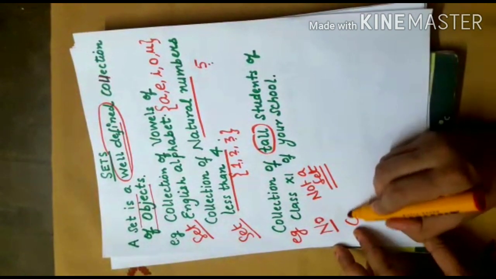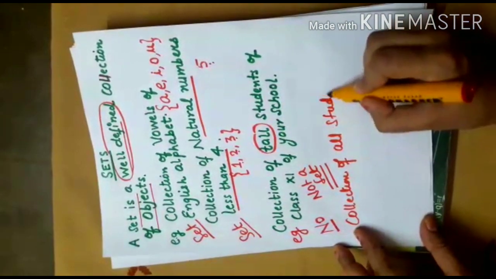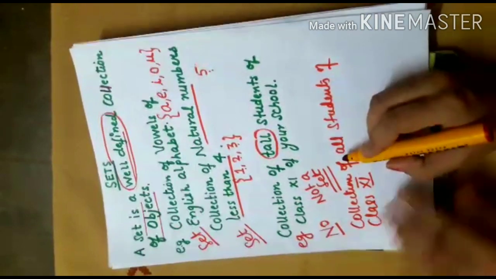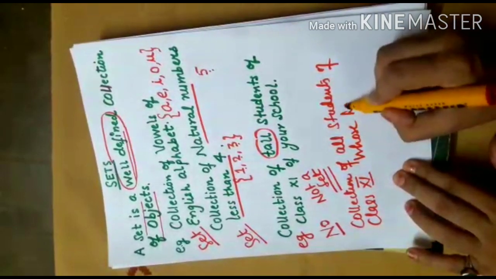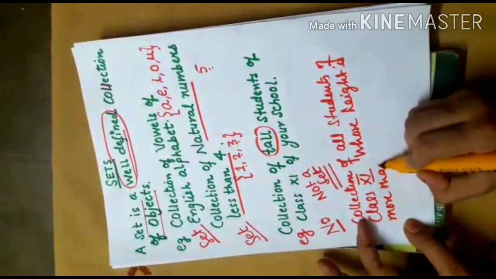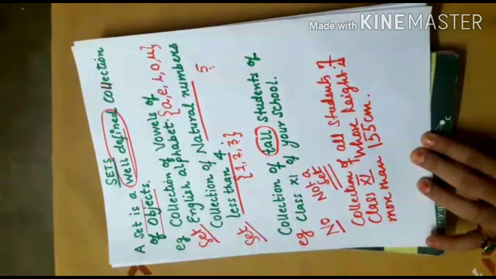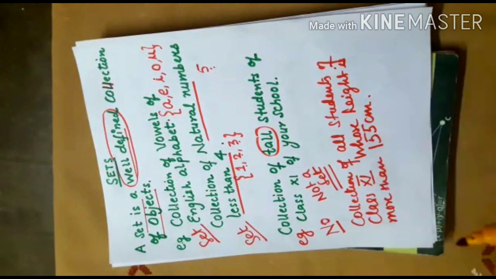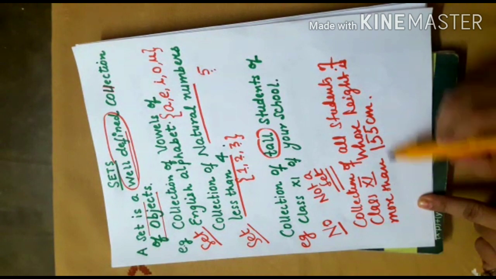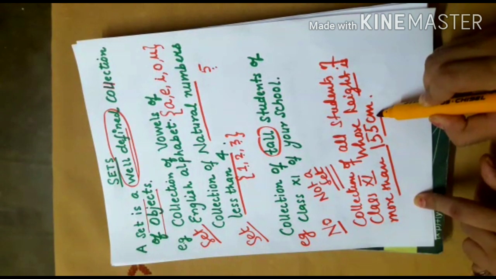But if I say collection of all students of class 11th whose height is more than 155 centimeter. Now this collection is a well-defined collection because here the parameter height is more than 155 centimeter is well-defined.